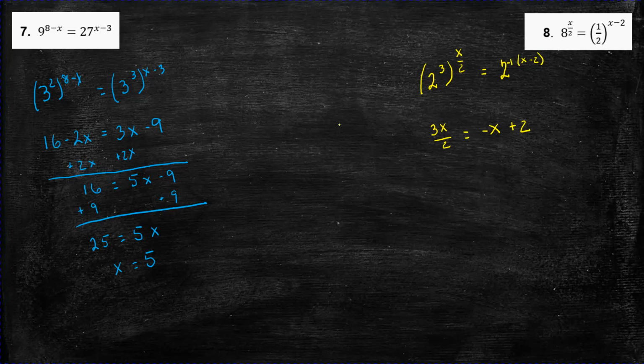So I'm going to go ahead and multiply both sides by 2. And that's going to give me 3x equals negative 2x plus 4.